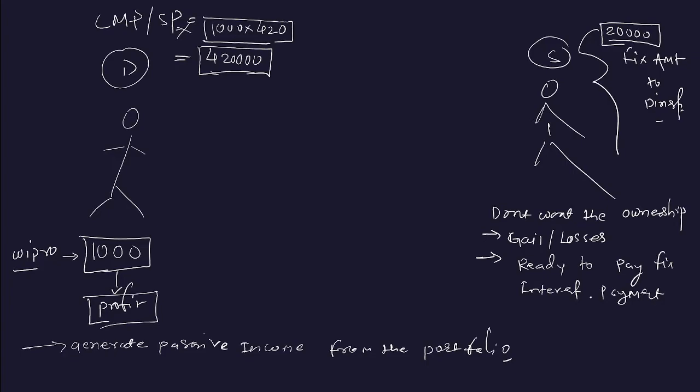So every year Suresh will pay 20,000 rupees to Dinesh, and Dinesh is ready to pay all the value and corporate action benefits on and above this value.